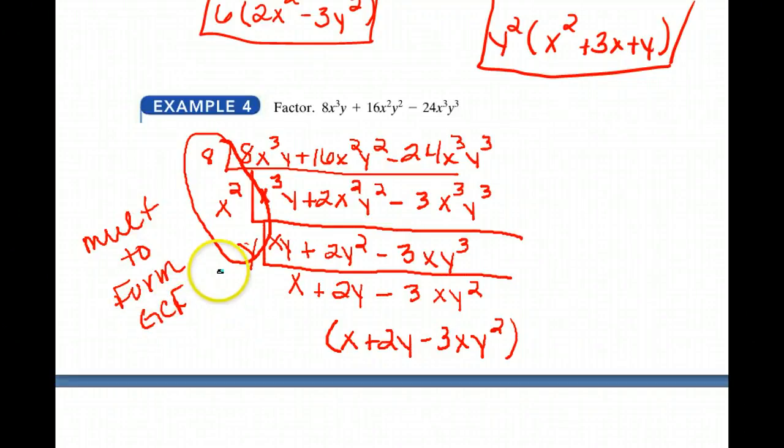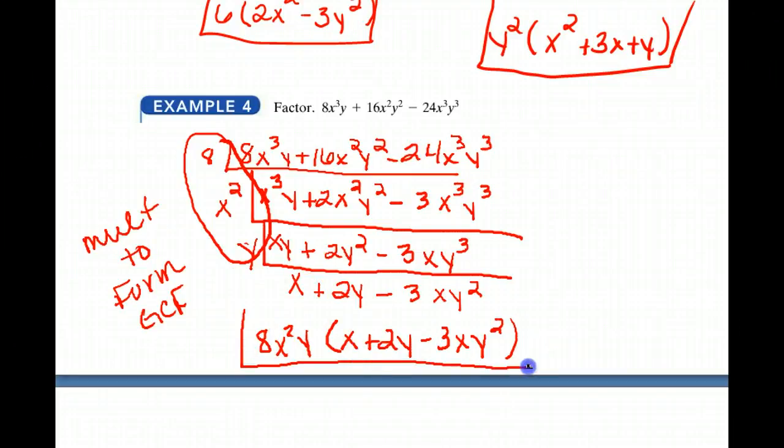So we're going to take 8 times x squared times y to get 8x squared y, which we plop right there in front of our set of parentheses. If we were to multiply those all back together using the distributive property, we would get right back where we started.